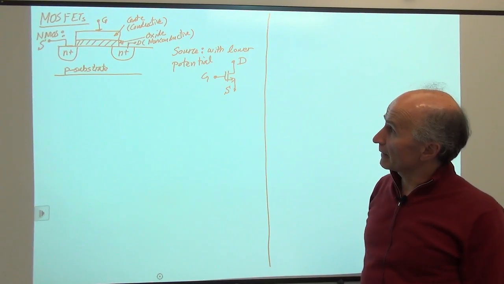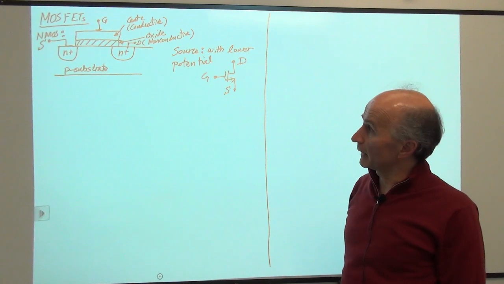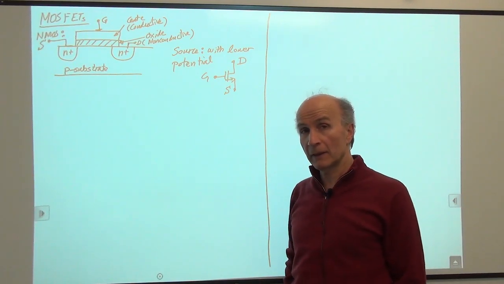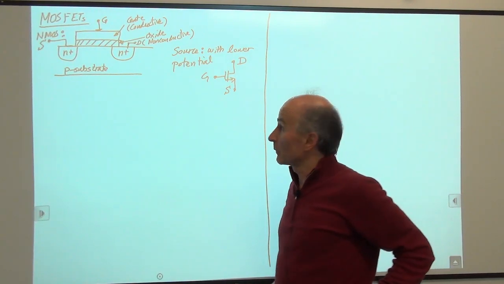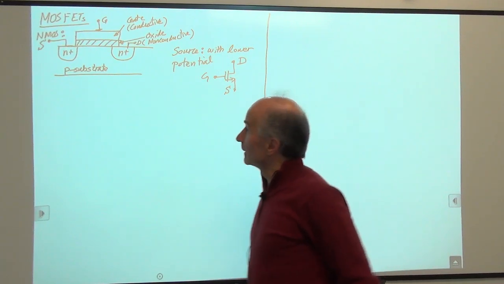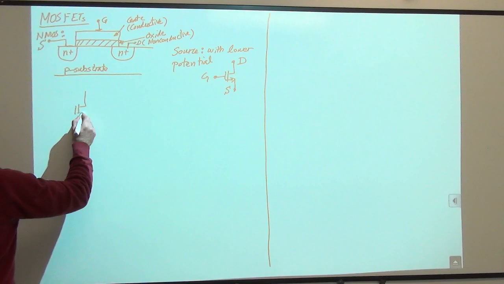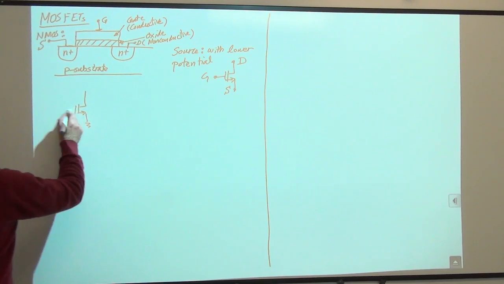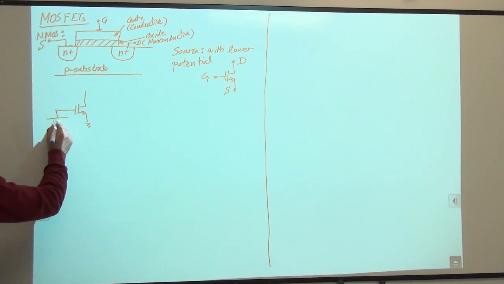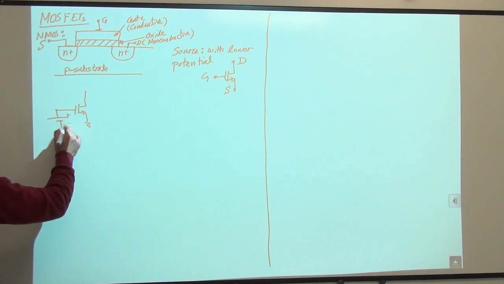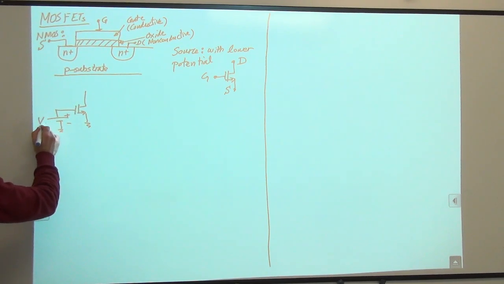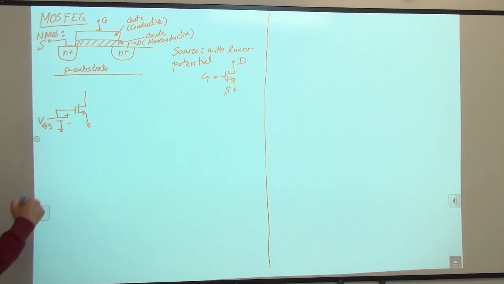And we decided that this device can operate as a voltage-dependent current source under certain conditions. So we constructed this circuit here. We connected a fixed voltage to the gate. We call this VGS, gate source.